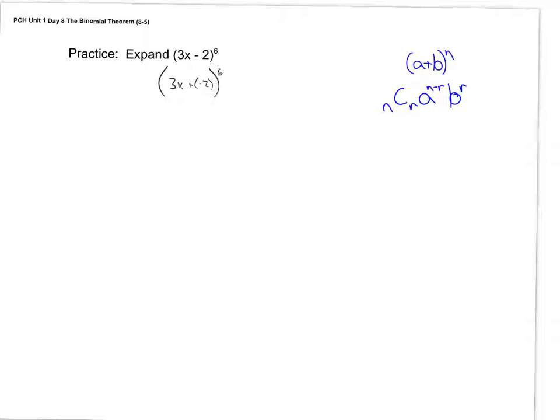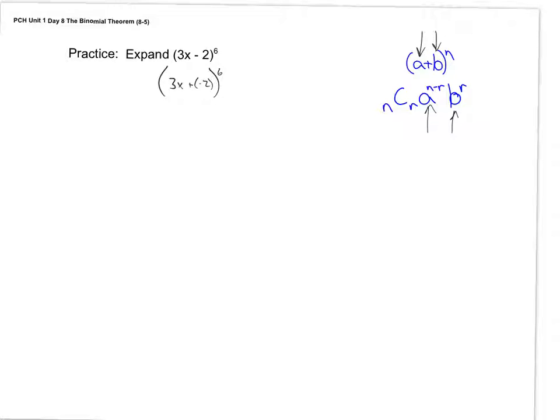And the key thing is, whether you're talking about them as x and y or a and b, it doesn't really matter. Those are the terms that are being added together.